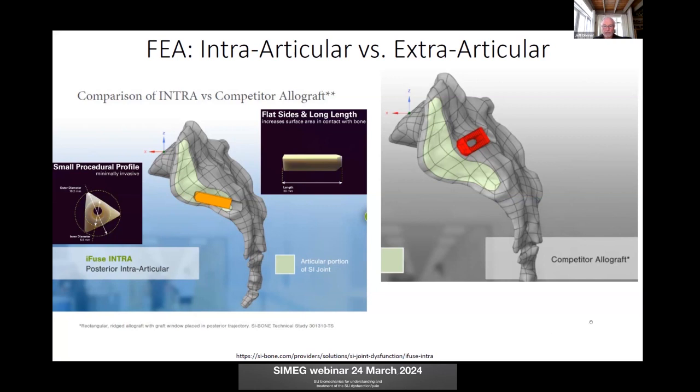And what they did used a FEM that's not publicly available. But what I found on their website was a comparison to a device placed in the extra-articular space, as you can see on the right-hand side.